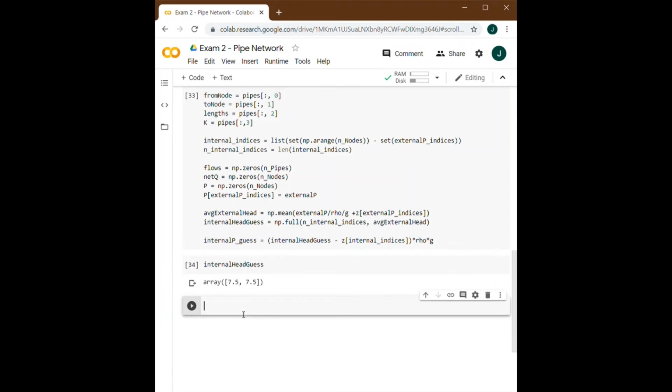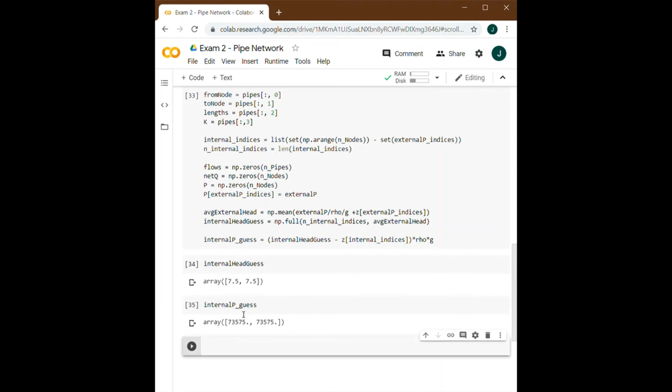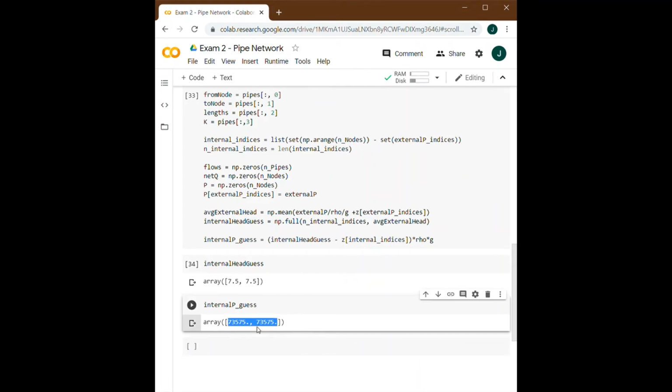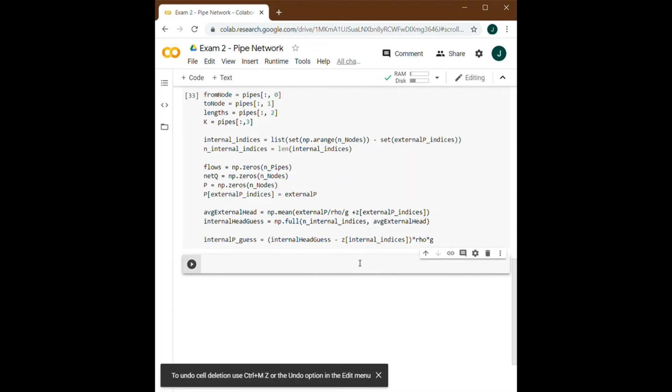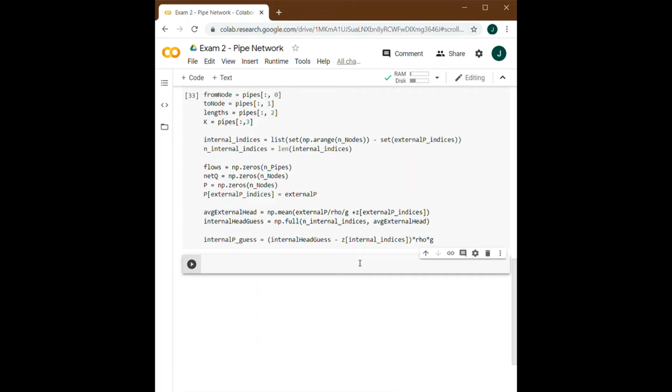And 7.5, about what we expected. And our internal P guess is going to be equal to these pressures. These pressures are what we're guessing are roughly what's going to be in 1 and 2. It's not going to be completely correct, but it's a good starting point for our future calculations. Just like you saw how we had to guess on that other function.